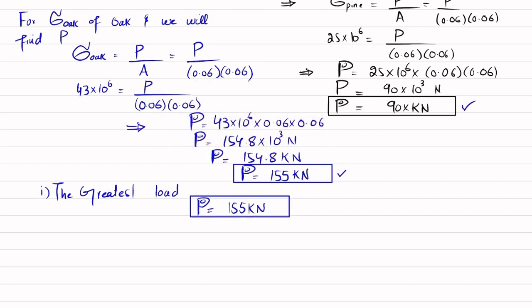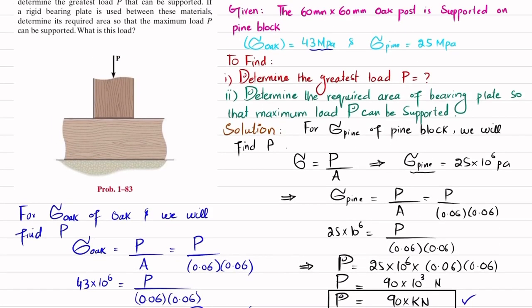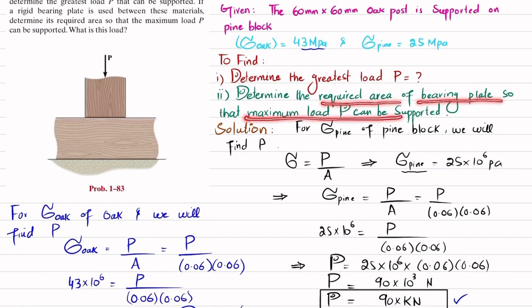Now we will move towards the second part, where it has been asked to find the required area of the bearing plate so that the maximum load P can be applied. If a bearing plate is incorporated in between these two wooden pieces, what will be its bearing area?